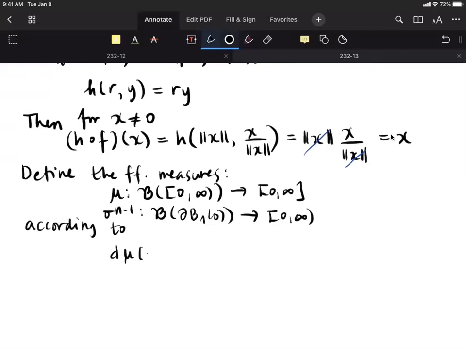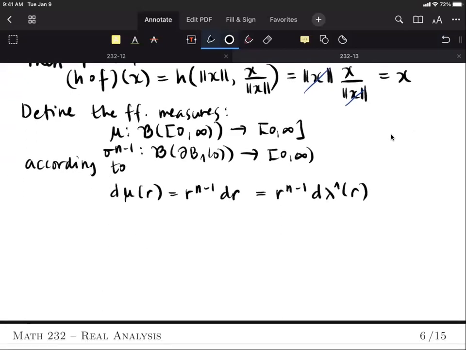So mu is a measure having density r^(n-1) dr. So you can think of this more precisely as r^(n-1) d lambda 1 of r, where lambda 1 is the one-dimensional Lebesgue measure, and sigma n minus 1 of A is n times the n-dimensional Lebesgue measure of f inverse.